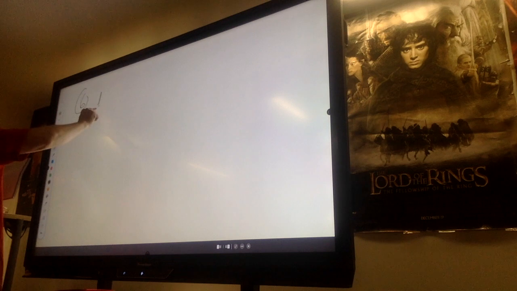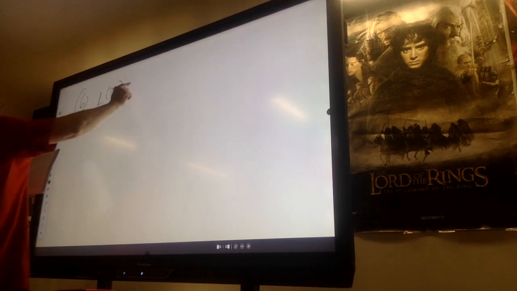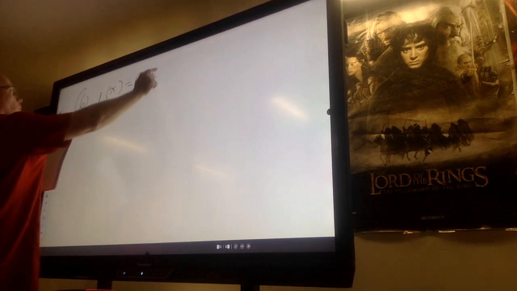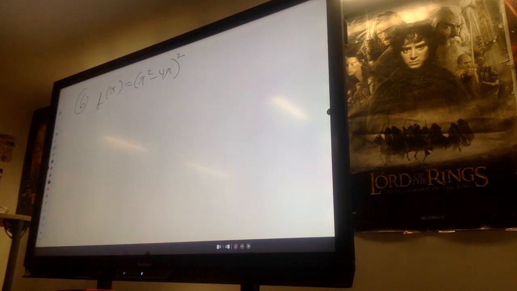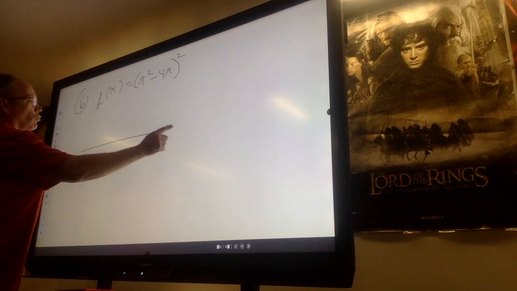For the following function, give the intervals where it's increasing, decreasing, give the max and mins as ordered pairs. So problem number 6, we have this. So we got that. All right, so we want to see where it is increasing or decreasing. So that means we're going with a sign line.